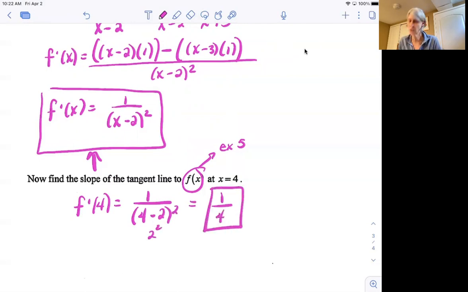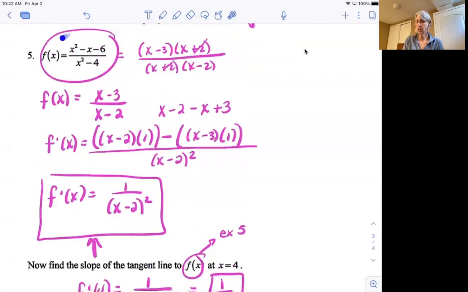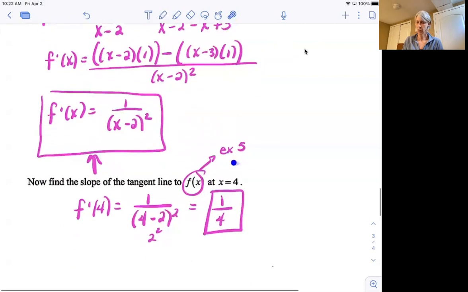So the slope of the tangent line to this function at x equals 4 is 1/4. I want to do sort of an application like this because I don't want you to forget that this rule you get, the derivative, is a rule to find slopes of tangent lines. And we haven't done that in a few days.